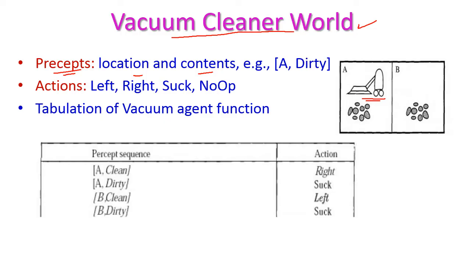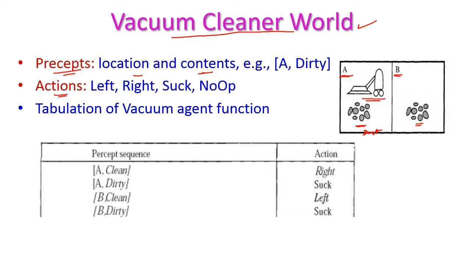We have two locations in this vacuum cleaner world: the first location is A and the second location is B. And the contents are the dust or clean.